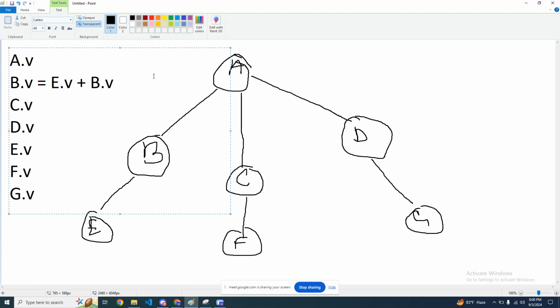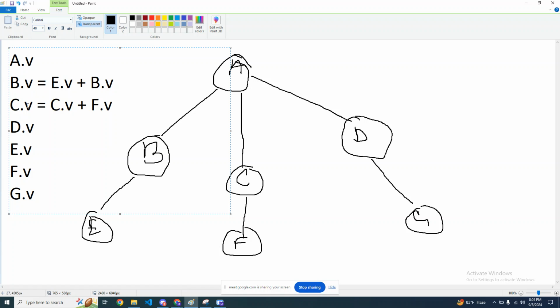Now let's say the value of c is being calculated like this: c.value, whatever value c.value has, plus f.value.